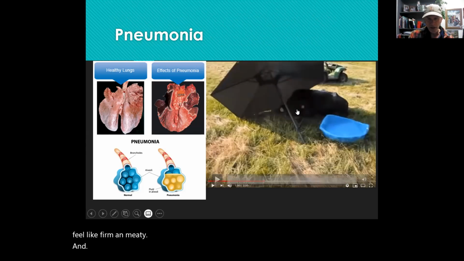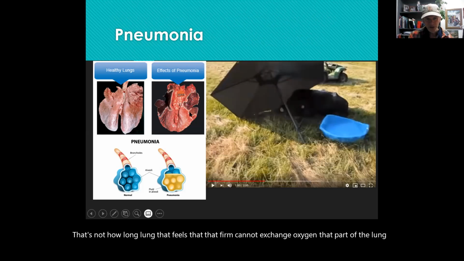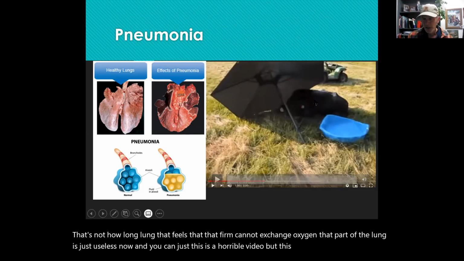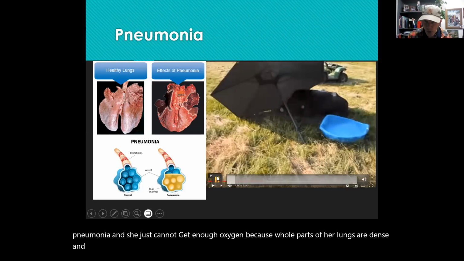Lung that feels that firm cannot exchange oxygen. That part of the lung is just useless now. This is a horrible video, but this cow has advanced pneumonia and she just cannot get enough oxygen because whole parts of her lungs are dense and purple like that. So just watch.